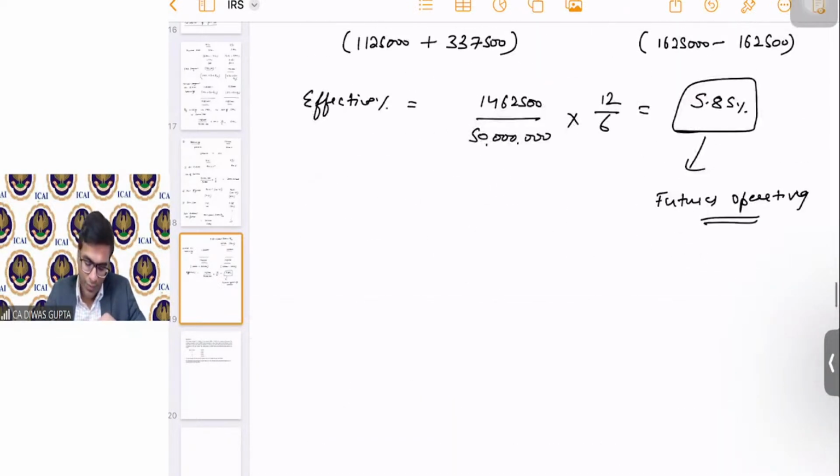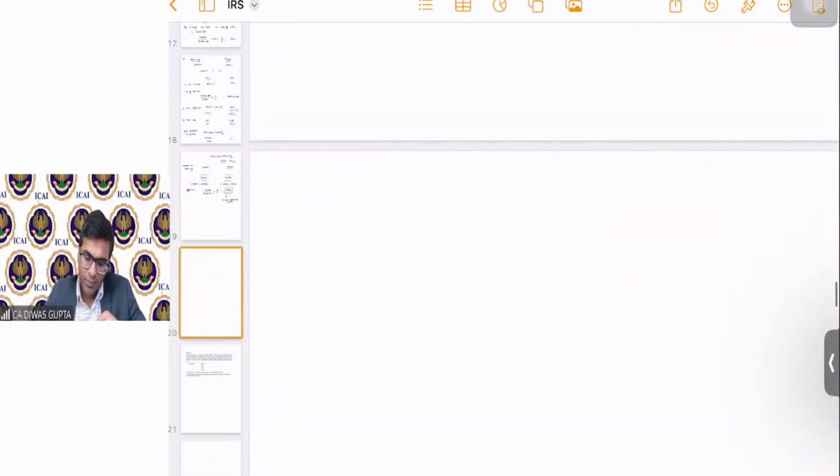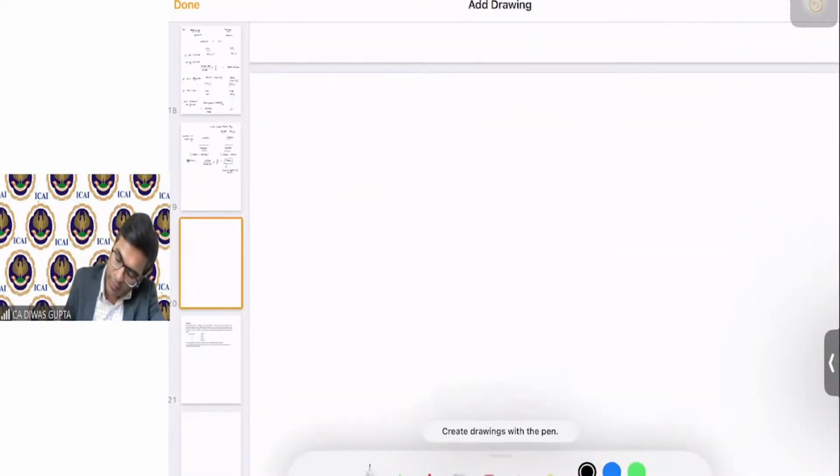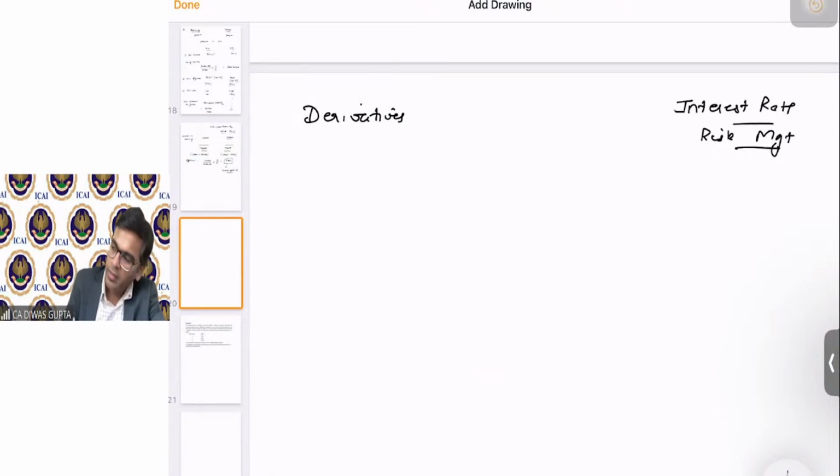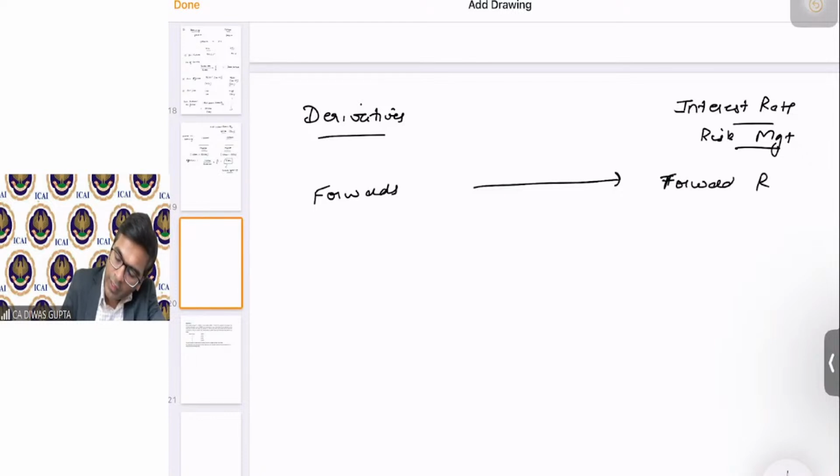Now hear me out. Derivatives, and here we are talking about interest rate risk management. So in derivatives, we have forwards, correct? The equivalent of that here becomes forward rate agreements, right?